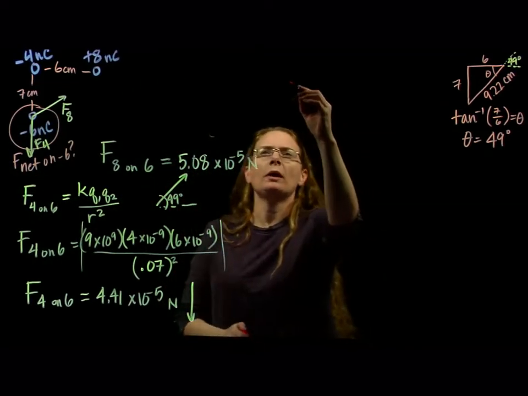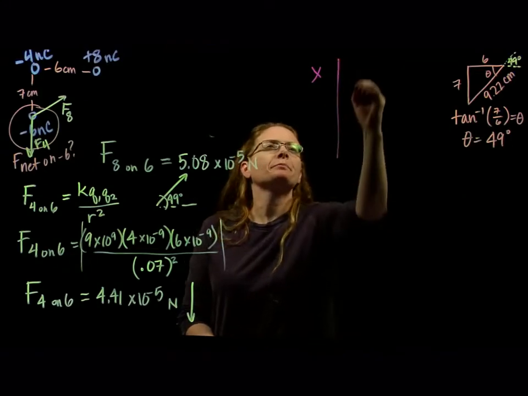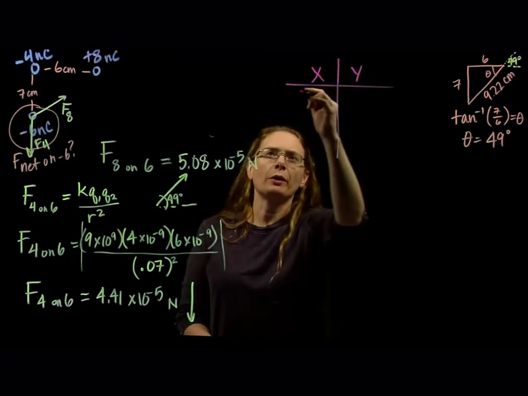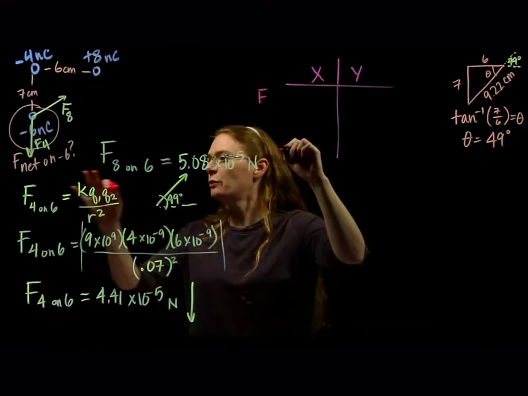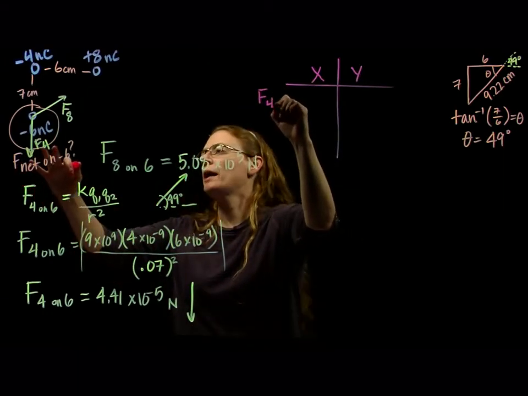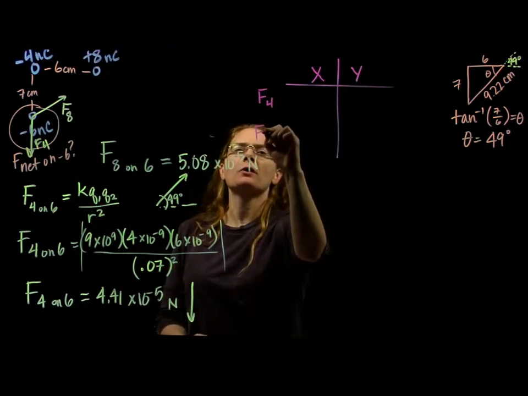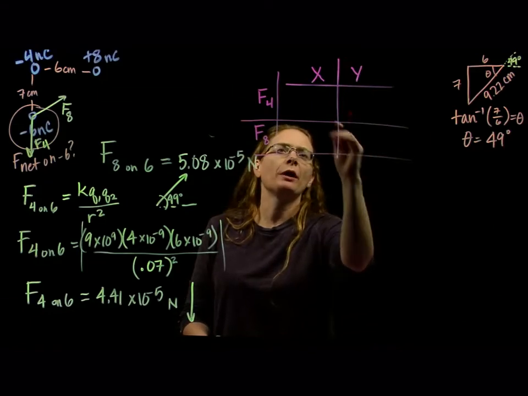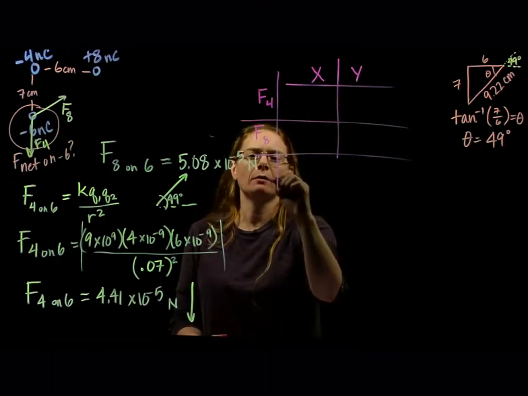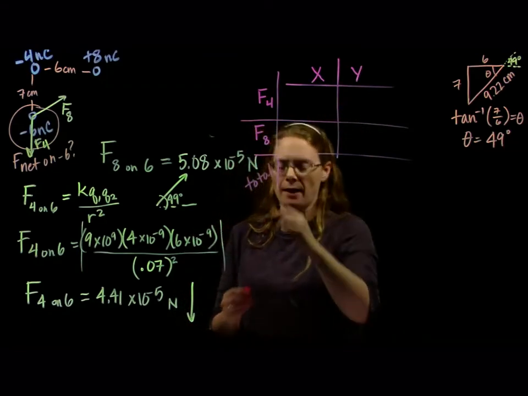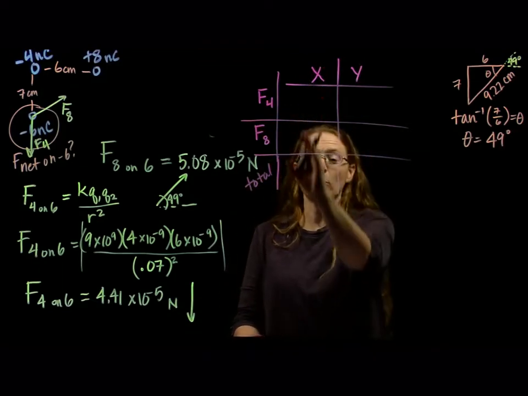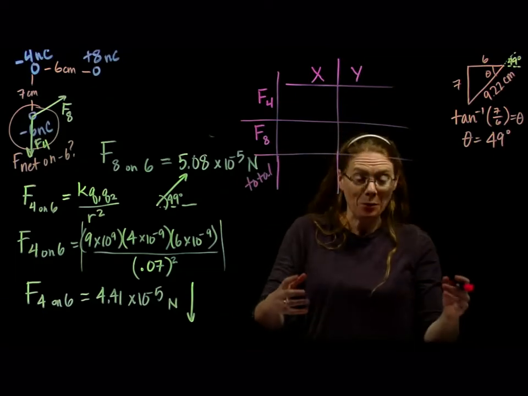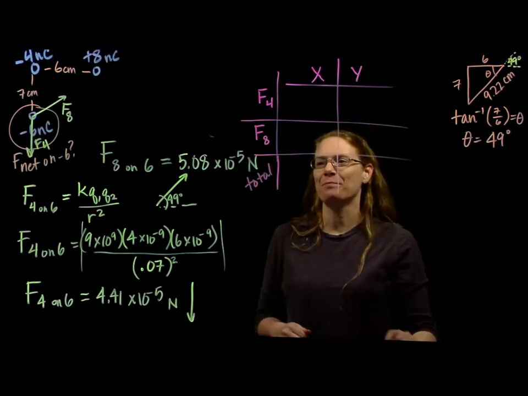I tend to do an XY table where I break up into the horizontal and vertical components all of my forces. I have 2 forces in this case. I have the force of the 4 acting on the 6 and the force of the 8 acting on the 6. And I'm going to break them up into their components, and then I'm going to total them up, add them together. That'll give me my total horizontal piece and my total vertical piece. And then I'll be almost done. There will be 1 step left after that.